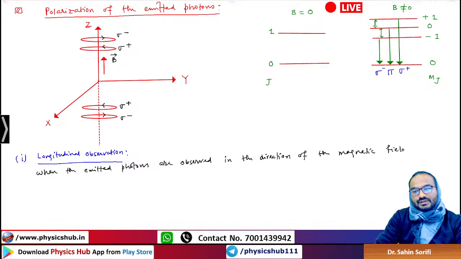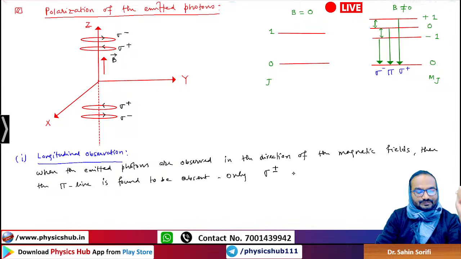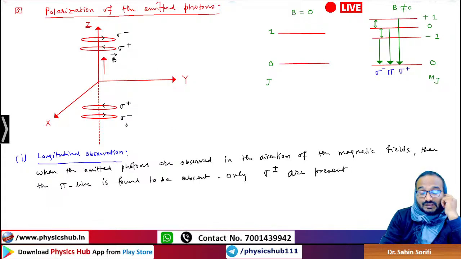You see, we have only shown sigma plus minus, we have not shown pi lines. So when the emitted photons are observed in the direction of the magnetic fields, then the pi line is found to be absent. Only sigma plus minus are present. And which polarization state are they in?